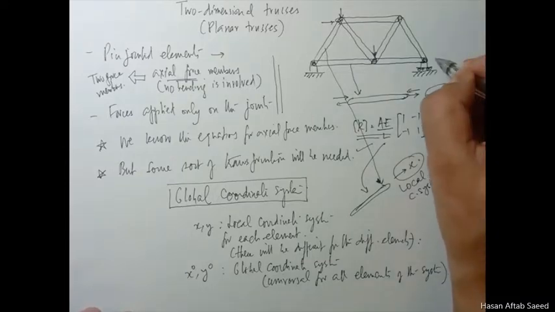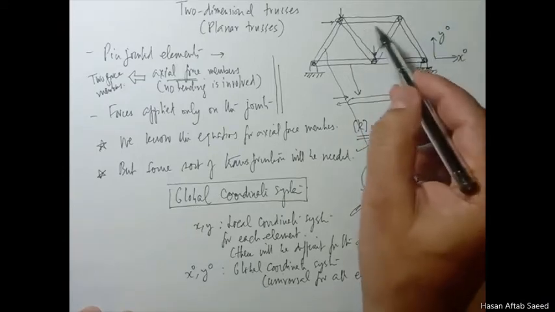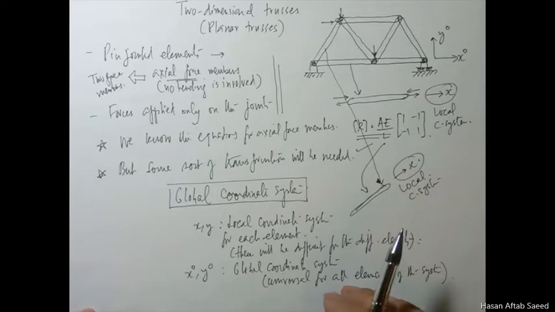So our global coordinates will be constant for every member. Obviously, for individual members the local will be changing depending on its orientation, but the global will be the same.